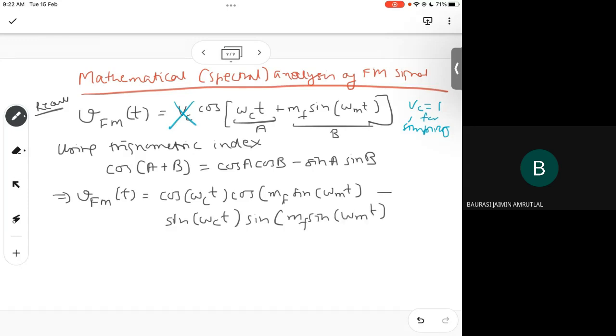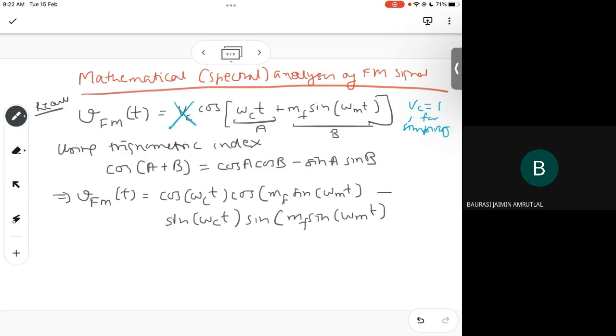Now if you notice here, it is not that straightforward. Last time we got simple trigonometric functions, the multiplication of two sinusoidal frequencies, but here we have the cos of another sinusoidal function, so a cos of a sine, or a sine of a sine function.